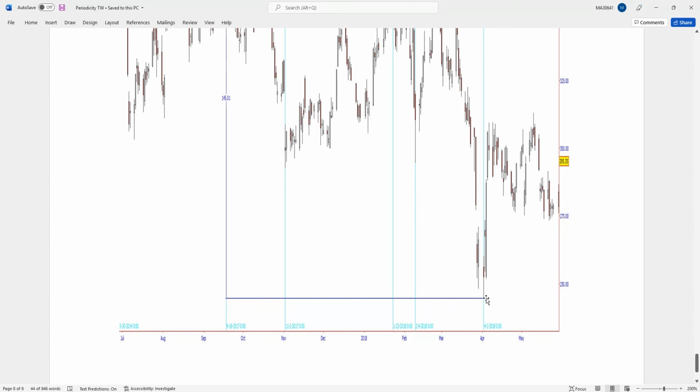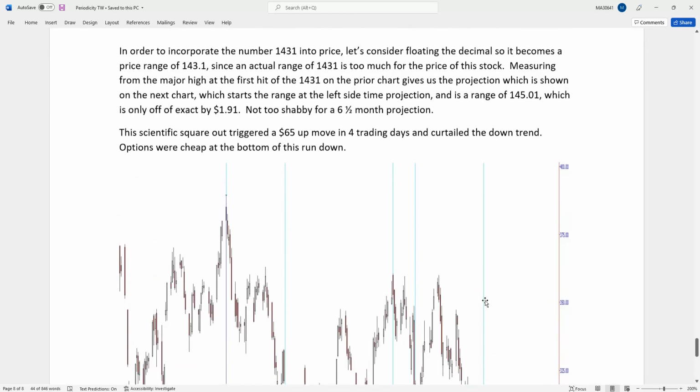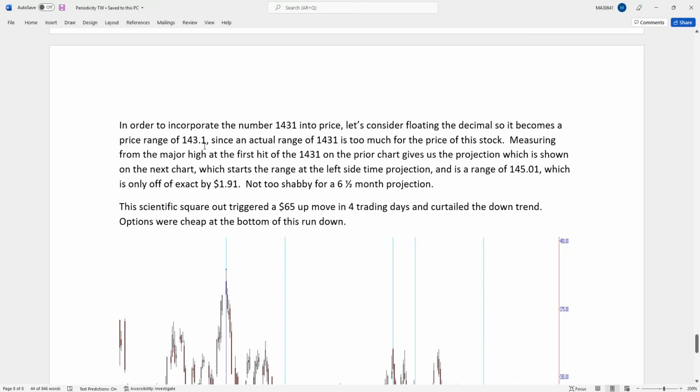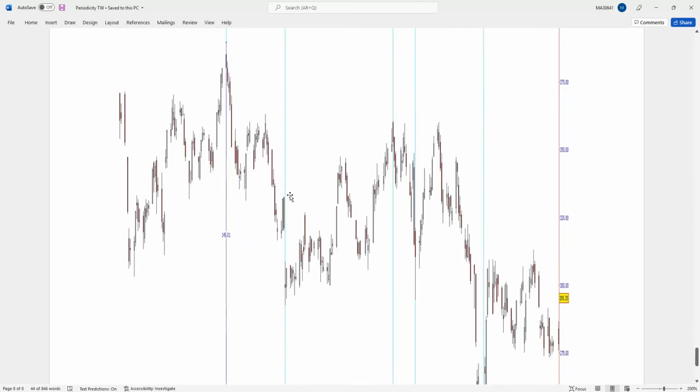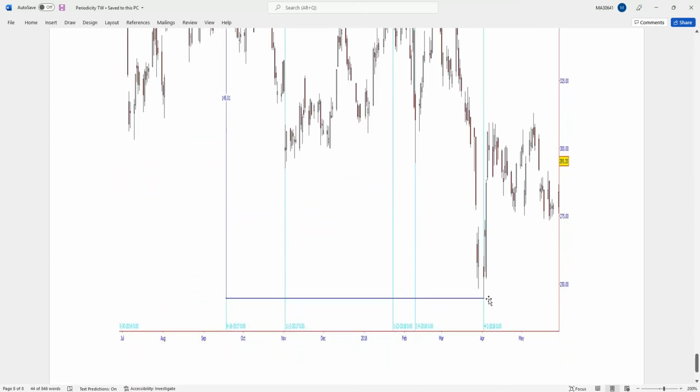That is the low of our projection right here. The actual move was 145.01, and we were looking for 143.1. This was a 6.5 month move. We were looking for 143.1, so we were off by $1.91.